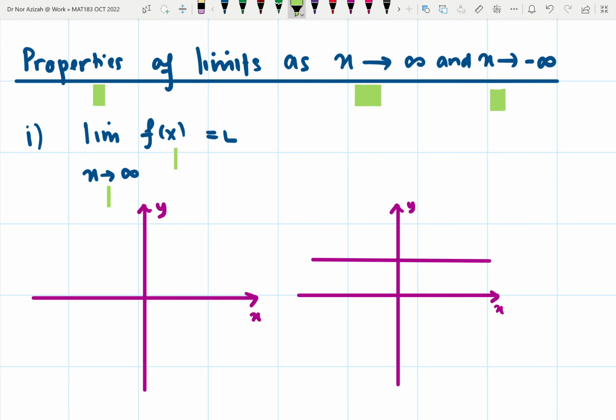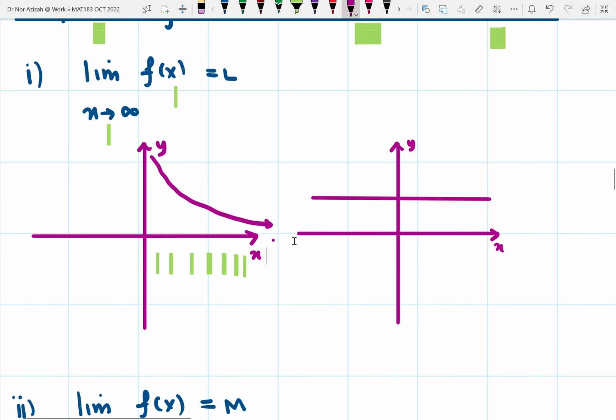when x goes to infinity here, let's say x goes to infinity from here and here, right? Okay, so x goes to infinity. Let's say the graph is this one. What's the answer? So the curve goes to 0, right? The curve goes to 0.